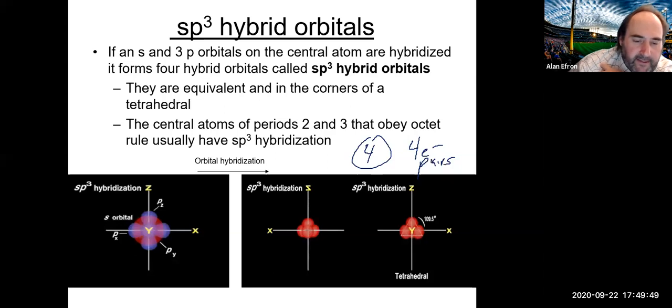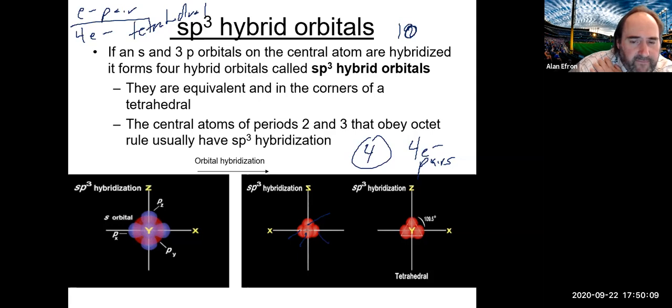And you can see you get 1, 2, 3, and 4 hybrid orbitals happening. And something with 4 electron pairs is our tetrahedral geometry. And this also has a bond angle of 109.5 degrees, which is our tetrahedral bond angle.